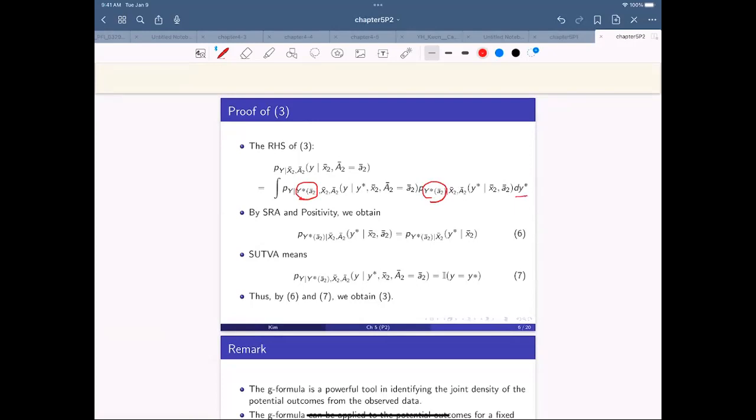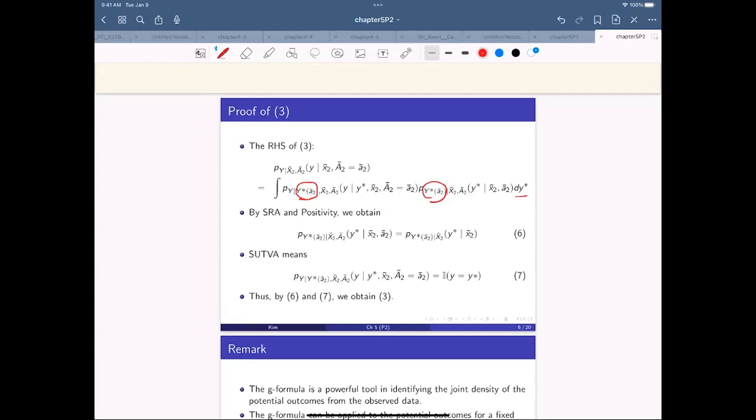So this combined, multiplied, becomes a joint density of y and y star, and then you take the integration out over y star, then it becomes a marginal y. And then same thing.